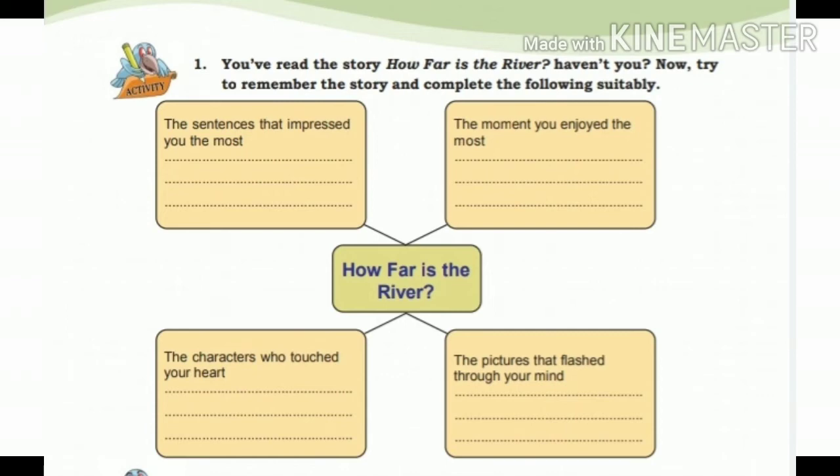The boy touched me because of the boy's determination, his confidence, his courage, etc. I like them very much. That's why I like the boy. You can write woodcutter or the village boy, anybody you can write. So by those qualities, I like the boy very well.